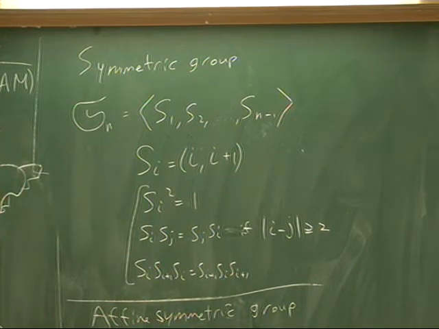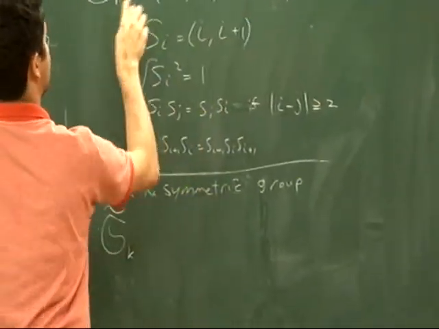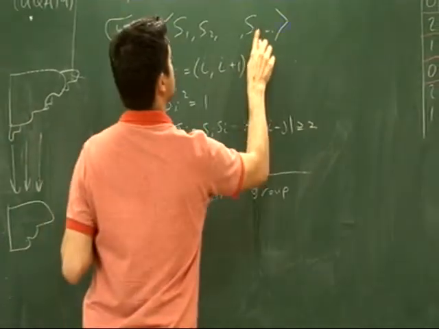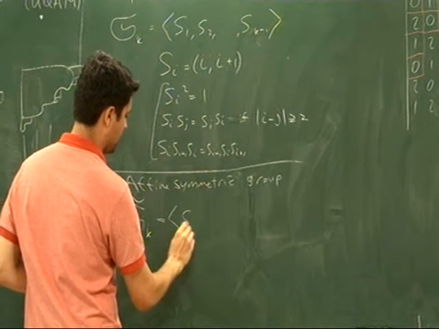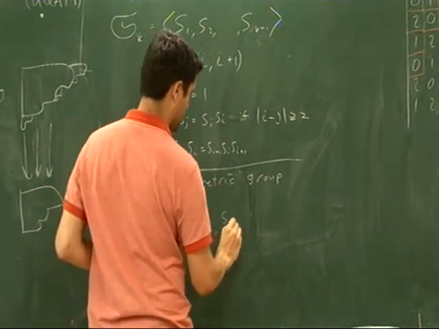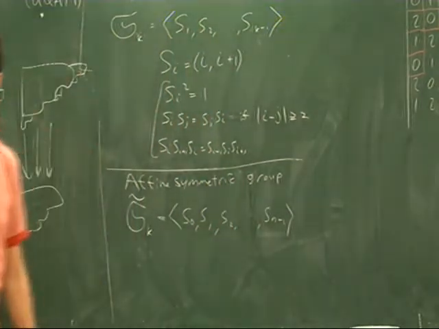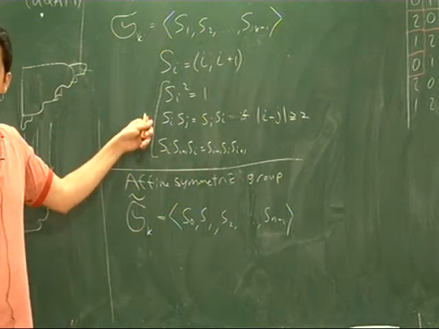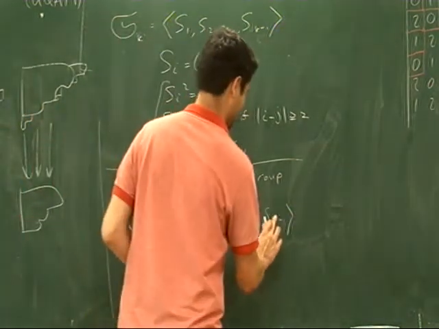Actually, can I just use a k to make this the same k as those? This is S0, S1, S2, all the way to Sk minus 1. And I want to say we have all these relations.